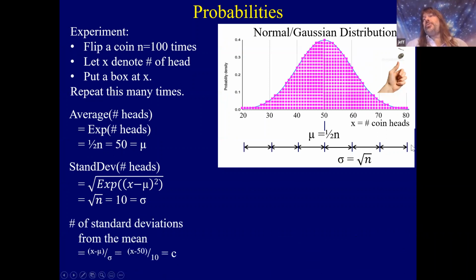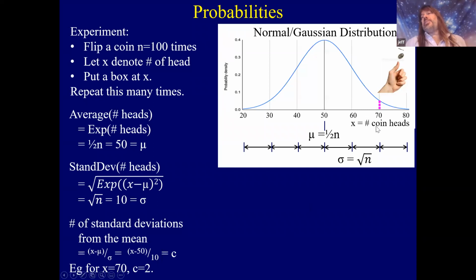And we're going to break this up, right? We're going to take steps of size 10, the standard deviation. And so if you flip a coin and you get X heads, then we're going to say, well, what's C? C is how many standard deviations you are away from the mean. So here, for example, if you got 70 heads, then you are 2 standard deviations away from the mean, right?